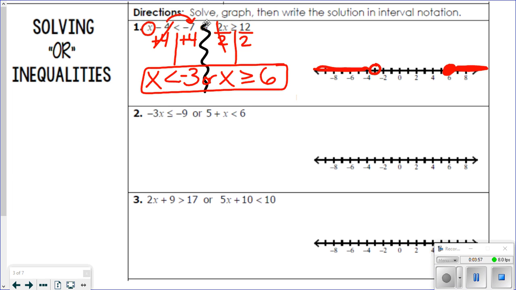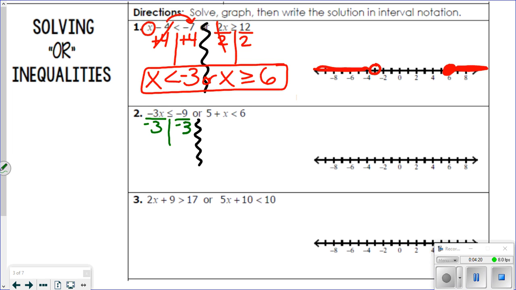Okay. So we have two inequalities. We're going to solve them both separately. So if I look at this first one, I see it says -3x. So -3 and x are being multiplied. The opposite here is to divide by -3.